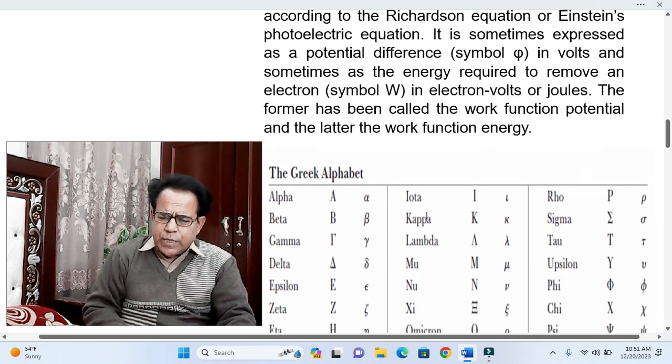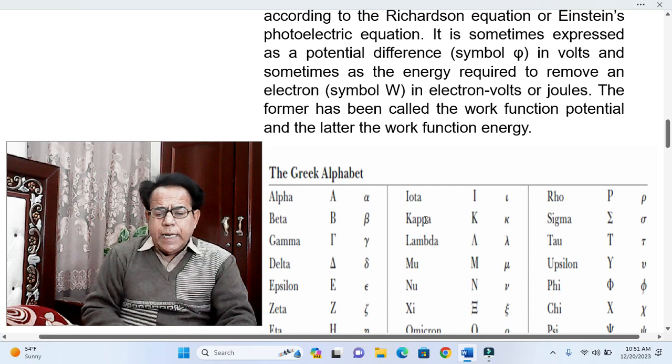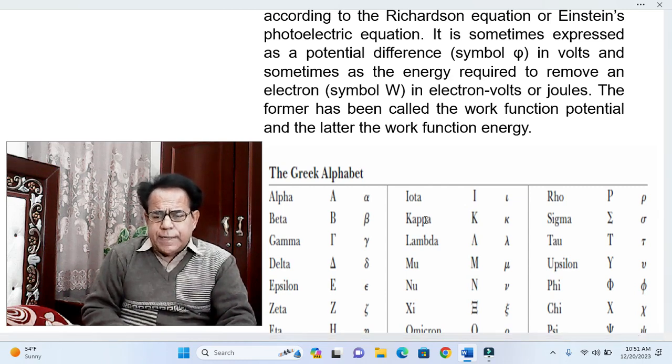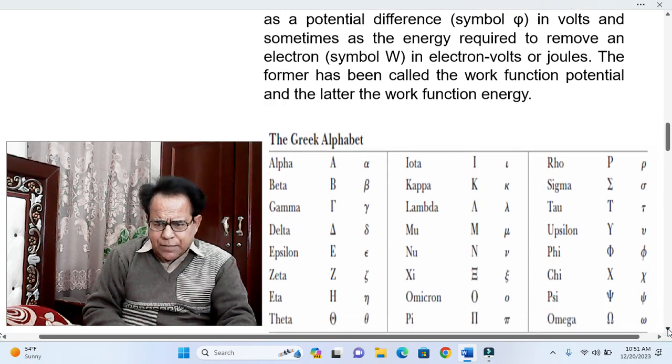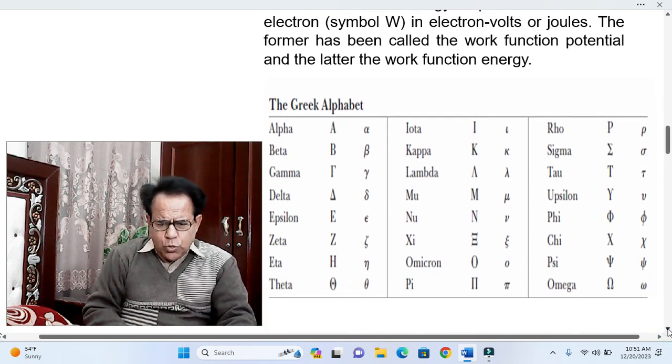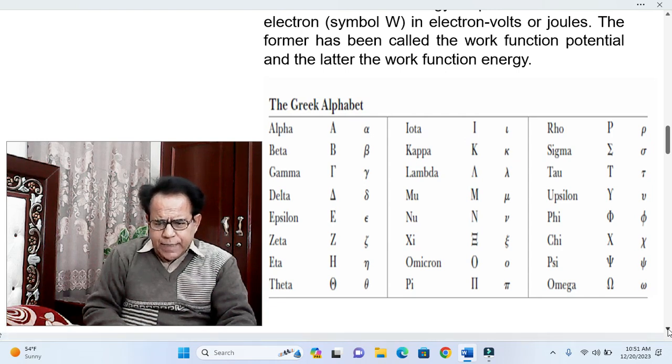Now, dear students, the next snapshot shows a table of the Greek alphabet. The purpose of this table is to ensure whether we are pronouncing this symbol correctly or not. So we try to find out whether this symbol occurs in this table or not. I think exactly this symbol does not appear in this table.